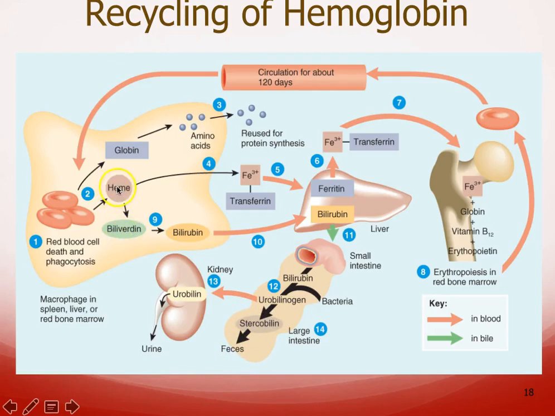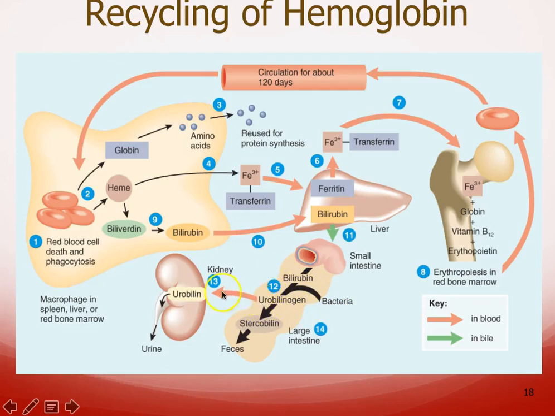So again, it is released from the heme as biliverdin, quickly converted to bilirubin. That bilirubin is transported in the bloodstream to the liver, where it is incorporated into bile. The bile is released into the small intestine. It travels through the small intestine, making its way to the large intestine. In the large intestine, bacteria will convert the bilirubin into urobilinogen.